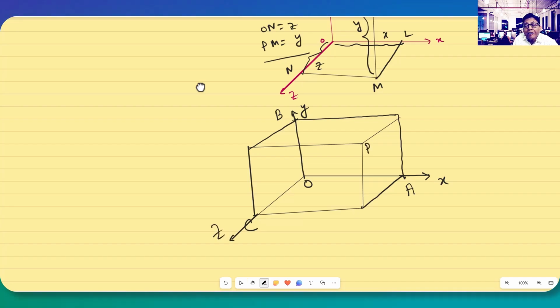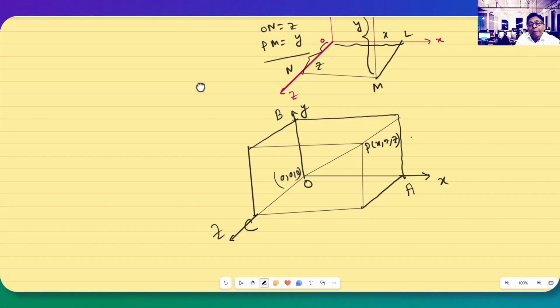There is a point P(x, y, z), which is the tip of this line segment OP. O's coordinate you know 0, 0, 0. This one P(x, y, z). Let us find in this diagram, what is x over there? What is y? What is z?